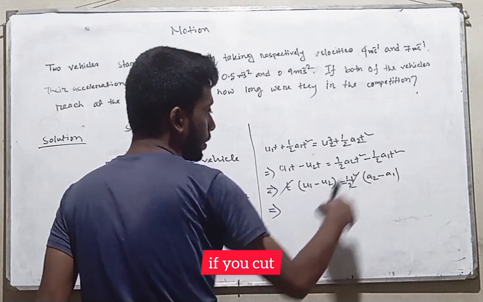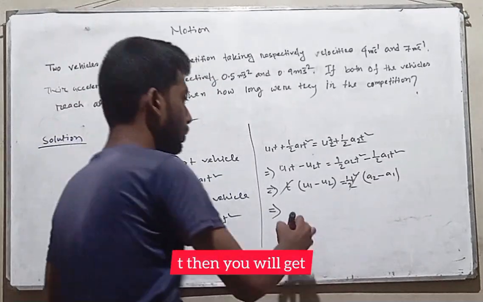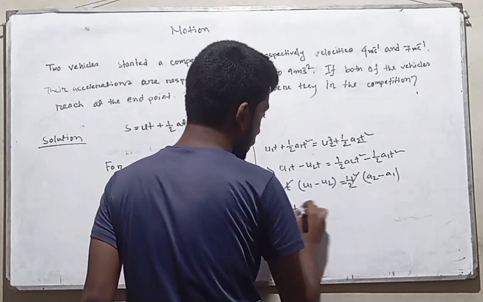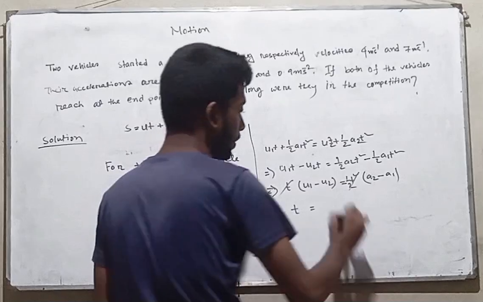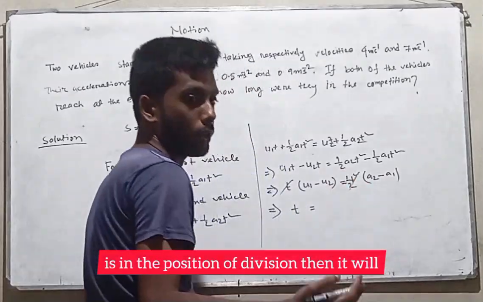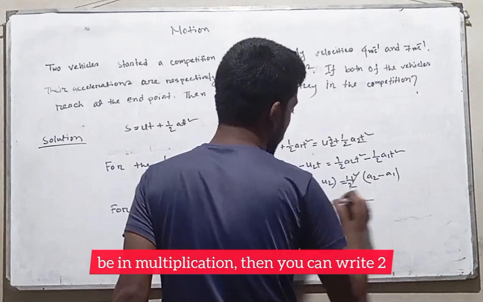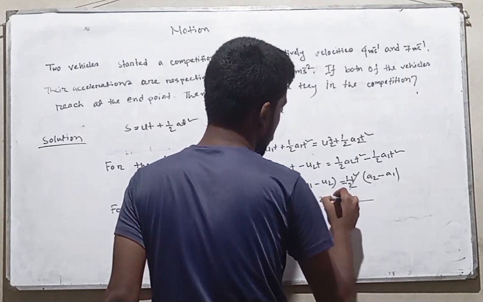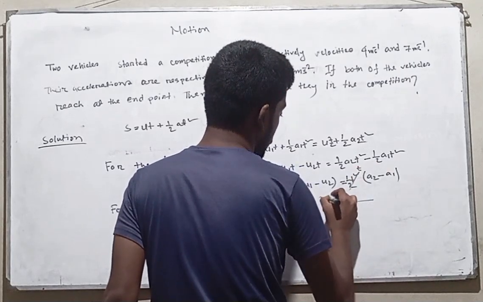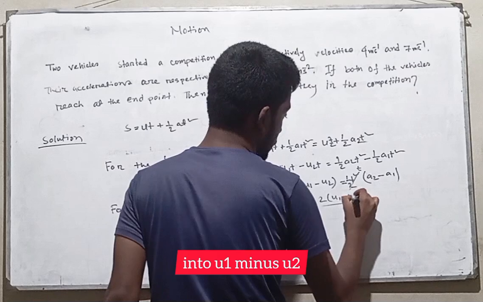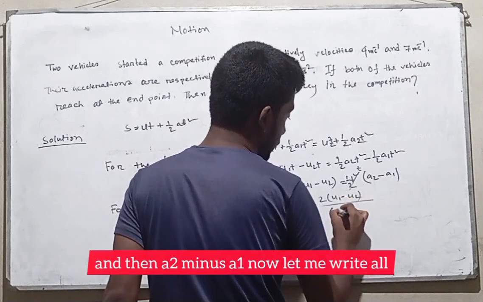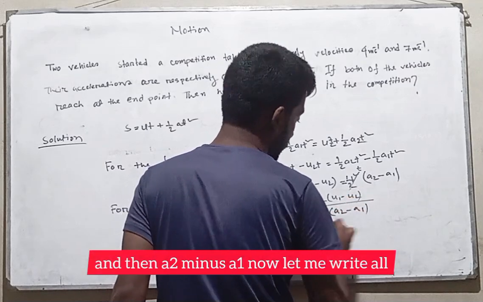If you cancel t, then you will get t equal to 2, which is in the position of division, so it will be in multiplication. Then you can write 2 into (u1 minus u2) over (a2 minus a1).